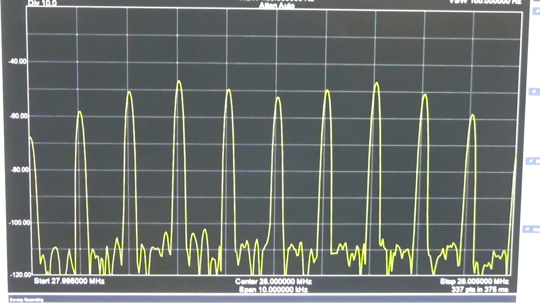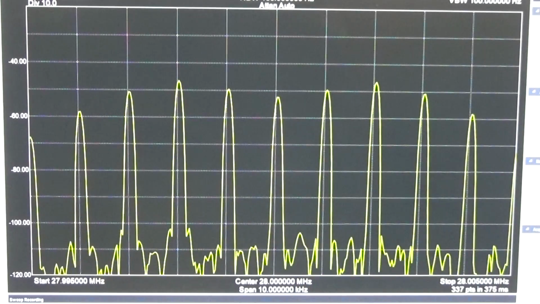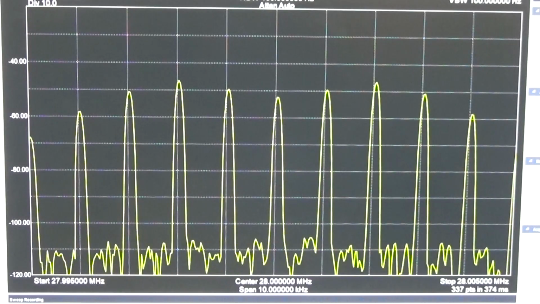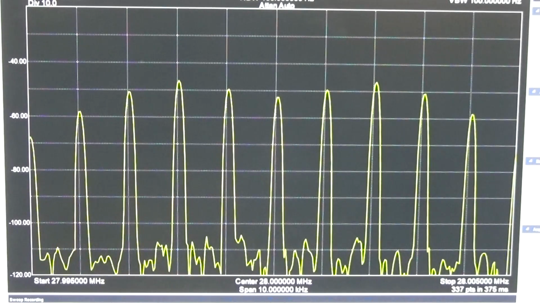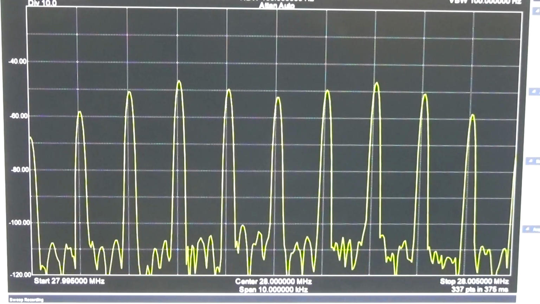So that is really very easy to find our audio frequency. But what we do not see here, we can't see our deviation. But as I told you, deviation is very, very important.